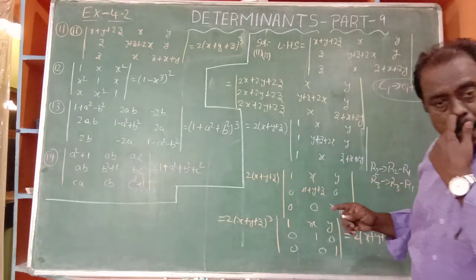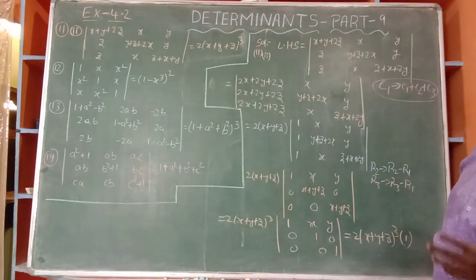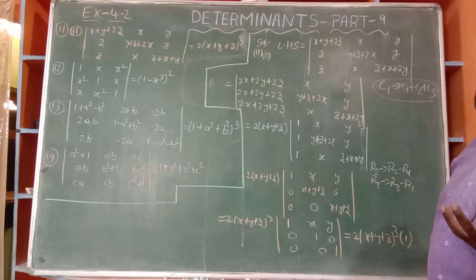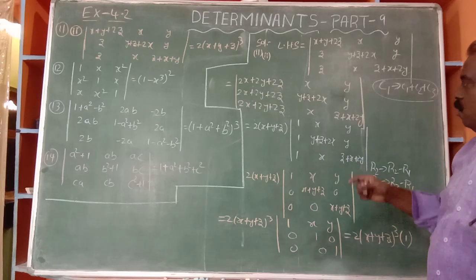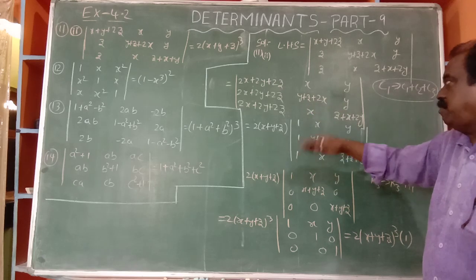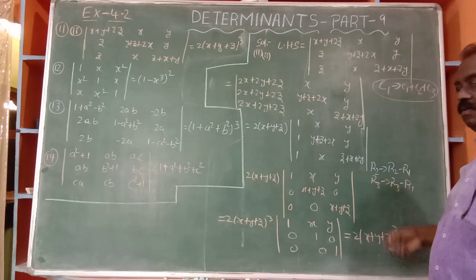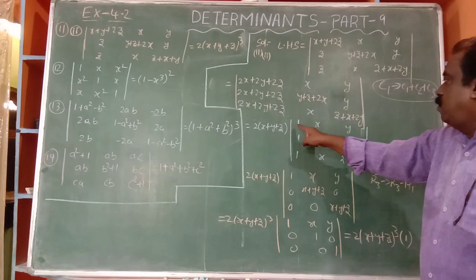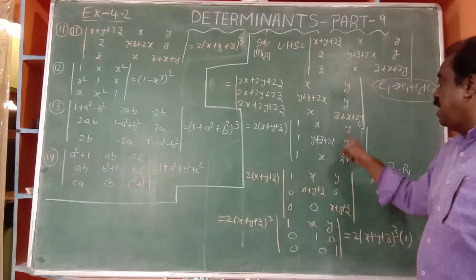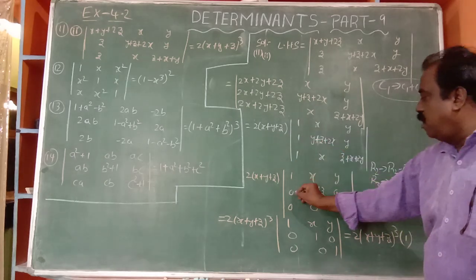One element, 1, 1, 1 is there in the first column. If 1 is there, we may reduce it to 0. How? R2 minus R1, R3 minus R1. So the first row is as it is. That column is okay. 1 minus 1 is 0.